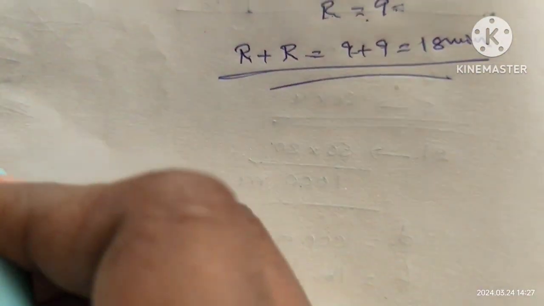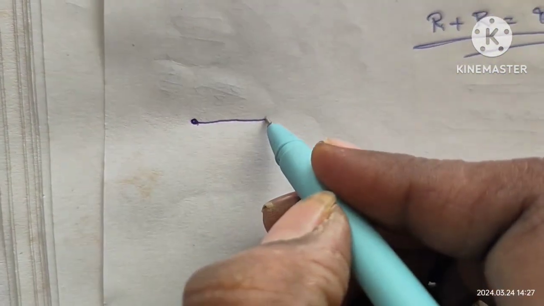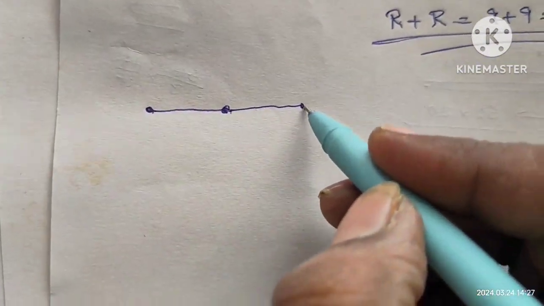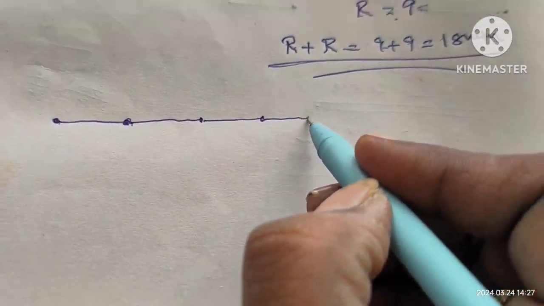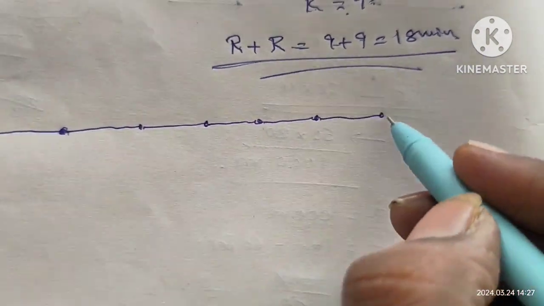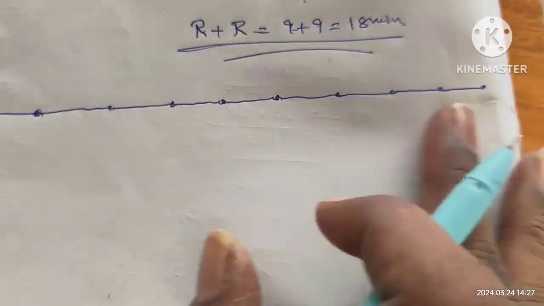So 9 kilometers, for example, if he started his journey from here to here, 1 kilometer, and second kilometer, third kilometer, fourth kilometer, fifth kilometer, sixth kilometer, seventh, eighth, ninth.